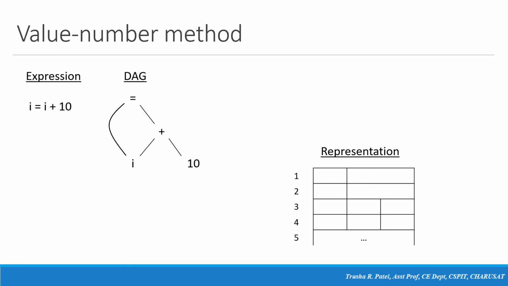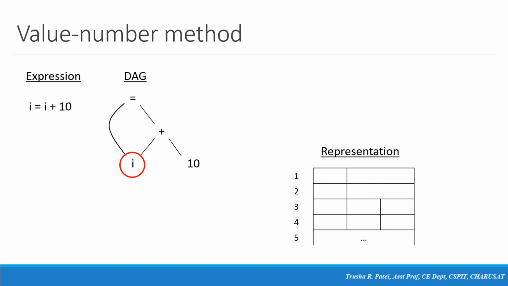Now next is the value number method. If we have the expression i equals i plus 10, the DAG for it can be constructed like this. But how will the DAG actually be coded or represented? We construct a table starting from the bottom to the top of the DAG.